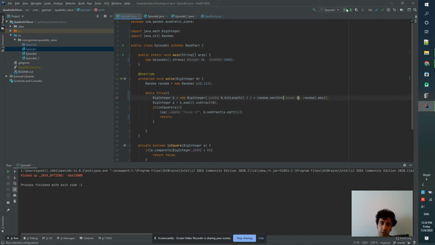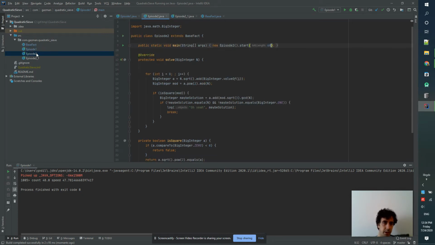Oh, 46. Okay, so let's keep it on 5. 47. All right, so the speed of the unoptimized Fermat algorithm is 47 times a second. Let's do the same thing for other algorithms and see what's going on.